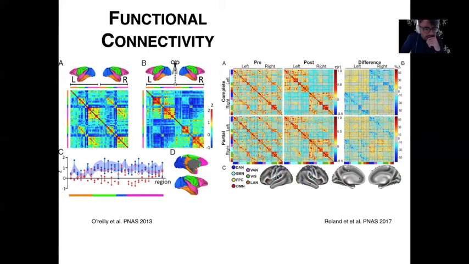And on the right part of the slide, you can see the difference between before and after. You can clearly see differences that started to appear in the interhemispheric exchange between the left and the right part of the brain. So in sum, what we've been showing here is that the exchange between the left and the right hemisphere can be cut, and this stops the interaction between the hemispheres.